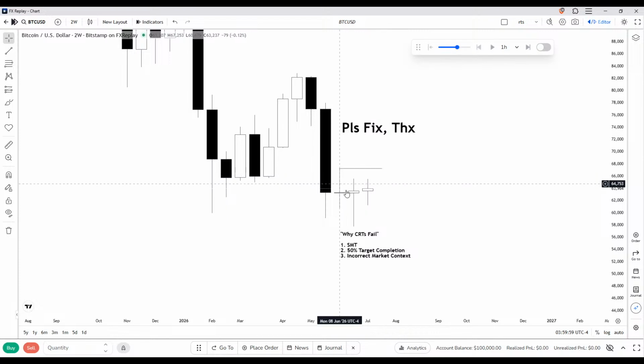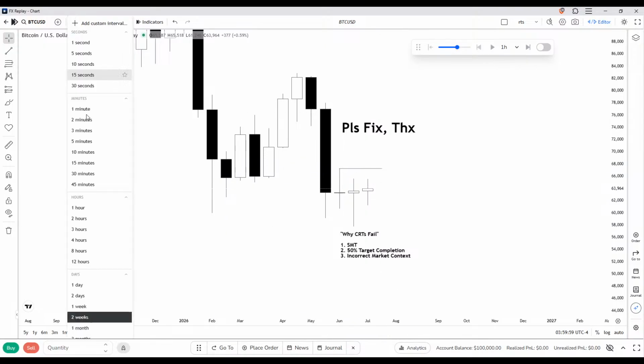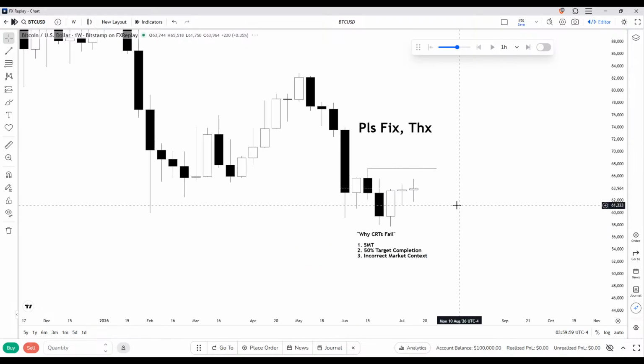The reason my lower time frame bias was long is where we are in the quarter. Right now, Q3 of 2026 just started, and so you'd expect accumulation as the quarter starts, then some sort of manipulation, and finally distribution for the so-called quarterly swing.